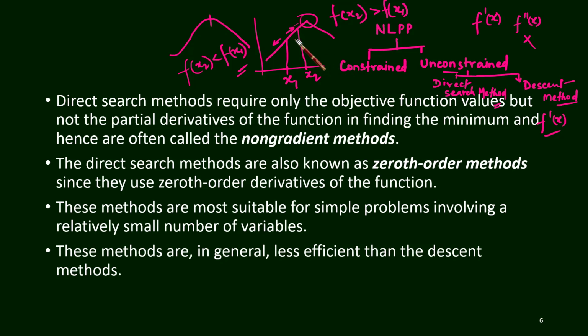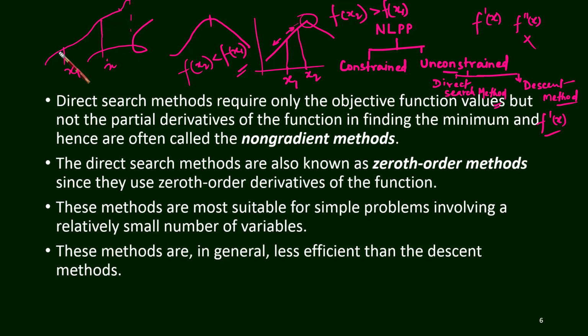Now here we don't require any derivative, so it is known as direct search method. If we use derivatives, that means gradient, that means the slope. Let's suppose the curve is like this, or maybe something like this. So x1, and this is x2, and somewhere here you are getting the maximum.